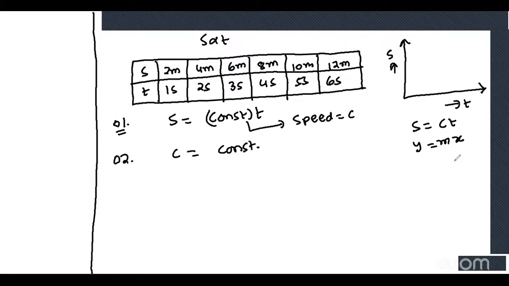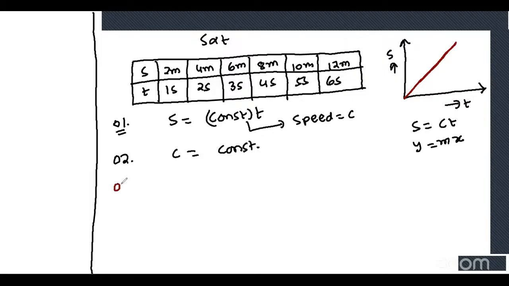Y equal to mx means the graph will be a straight line passing through origin with positive slope.